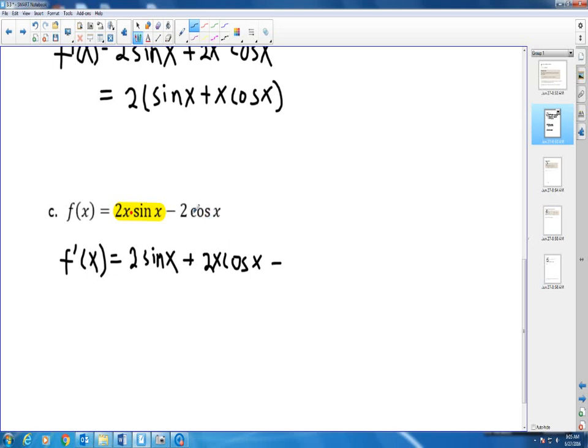Inside this one I can actually factor out the 2, the constant. So I'm just taking the derivative of cosine x, which is negative sine x. That negative sine x will make my negative become positive here. So that'll be 2 times sine x.